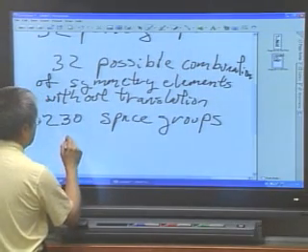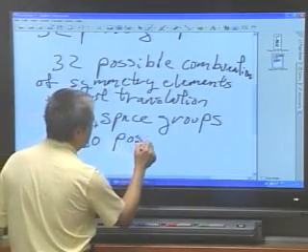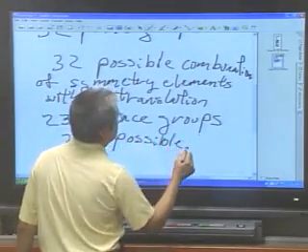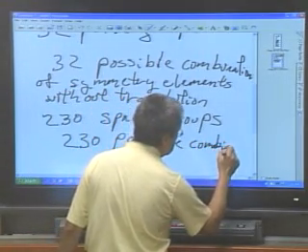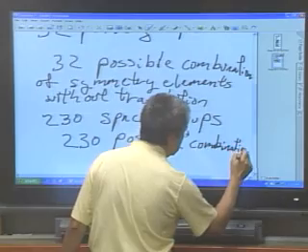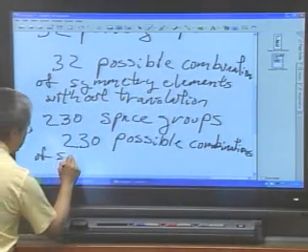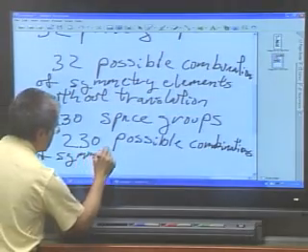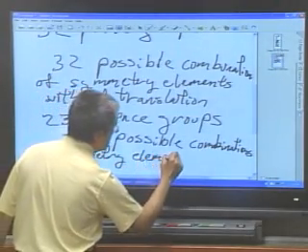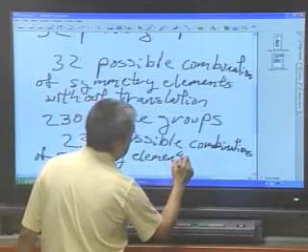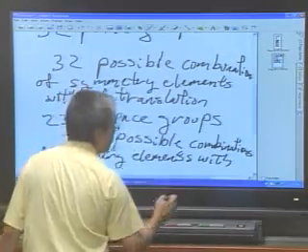So there are 230 possible combinations of symmetry elements with translation.